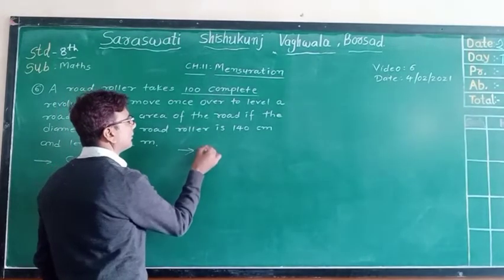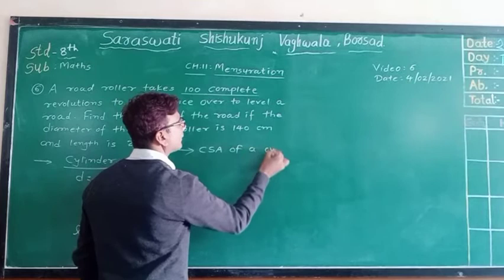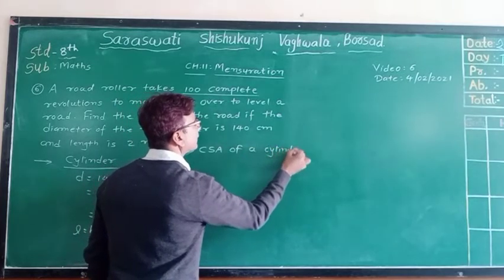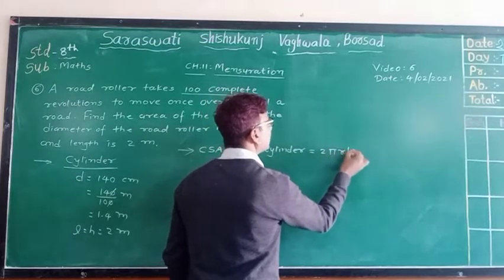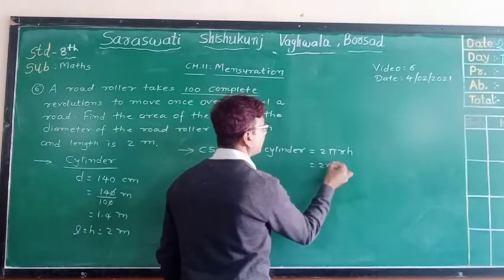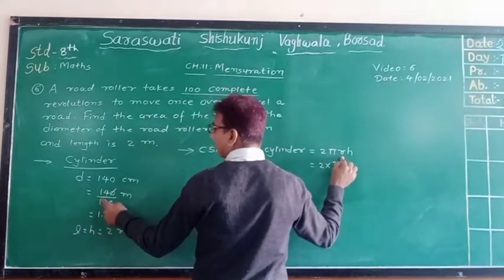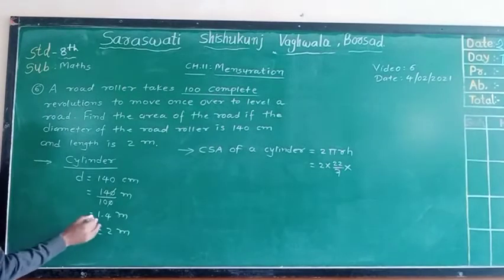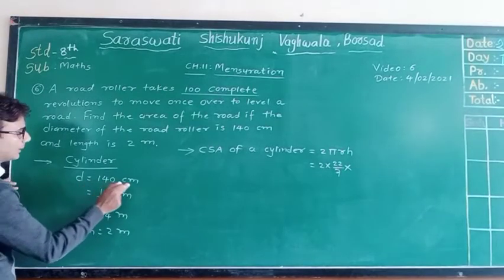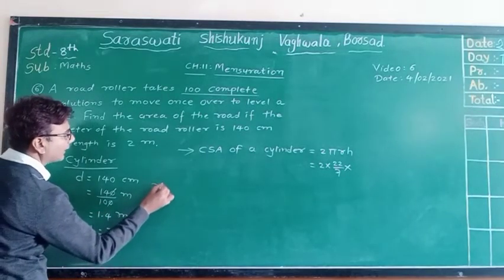Curved surface area of cylinder equal to 2 pi r h. Pi is 22 by 7. Radius is 1.4. Oh sorry, this is the diameter, 140 centimeter. Now diameter is given, so I have to find the radius.